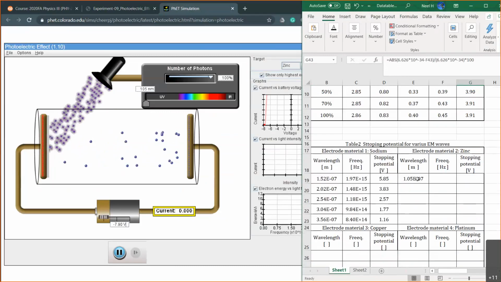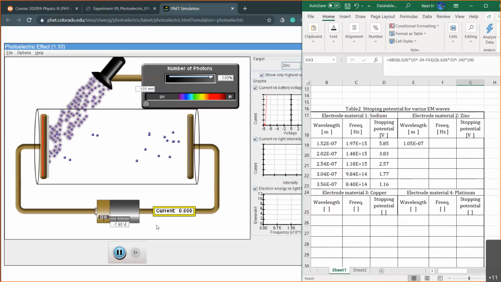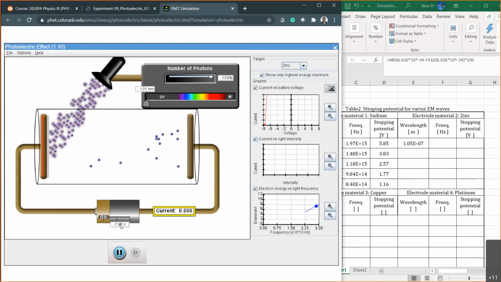That's fine. Let's continue. Now for this one at 105 in the UV region, let's take a look at what's the best. 7.8 even 0. What about 7?